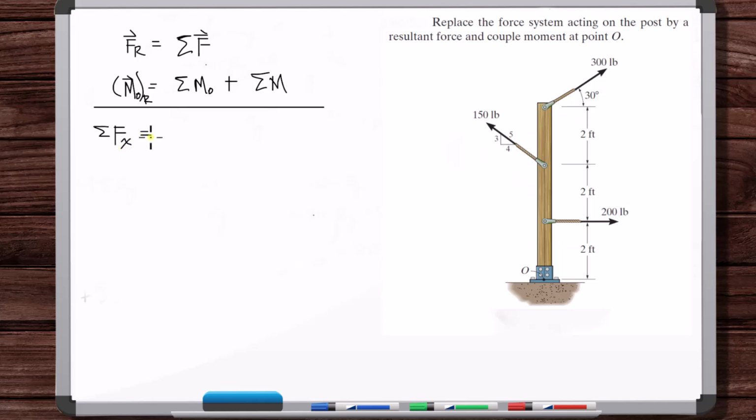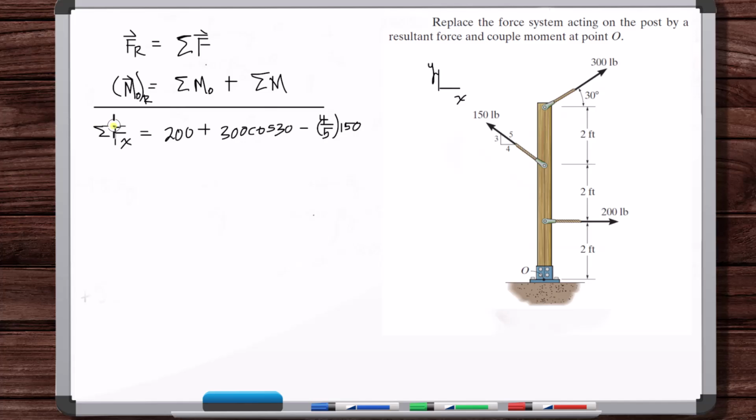So sum of the forces in the X. We're saying that this is positive X, this is positive Y. We've got 200 plus 300 cosine 30 minus, and we'll use this slope triangle, 4 over 5 times 150.